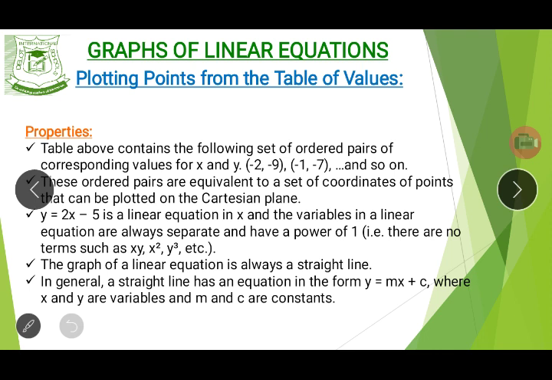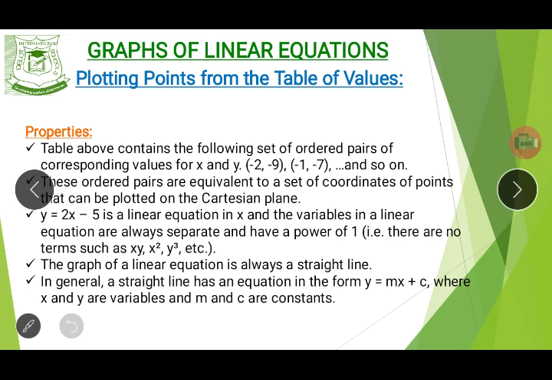The next one to take note of is, you see this formula y equals 2x minus 5 is a linear equation. You all know it's a linear equation which has the variables x and y. The variables in a linear equation are always separate and have a power of 1.